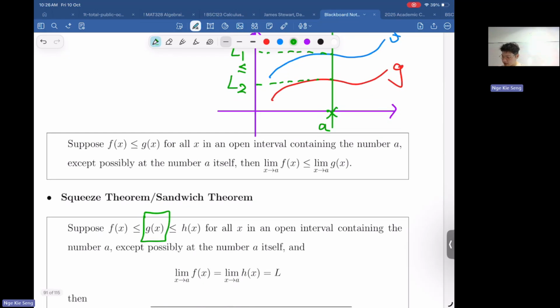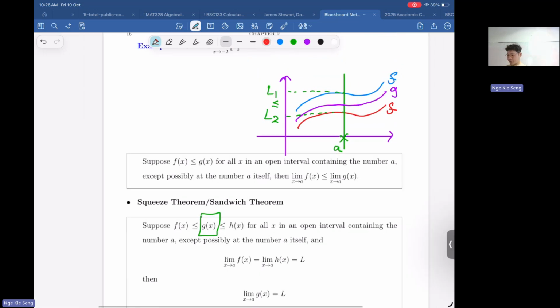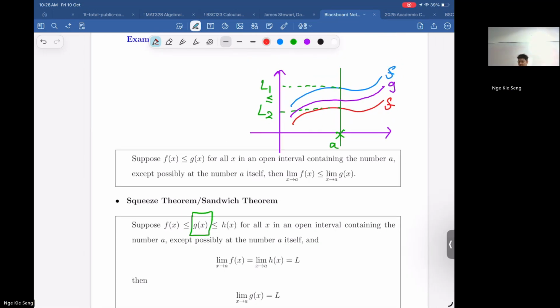So in this picture here, maybe I should draw like this. Get the other color. Okay, g is squeezed. So let's call this g instead, and this is f, like that. Again, this holds for all x in an open interval containing the number a, except possibly at the number a itself. So at a itself, g(x) could be greater than f(x) or smaller than f(x). We don't care.